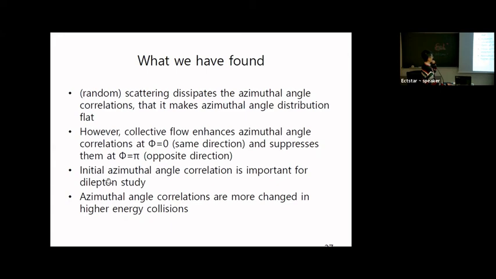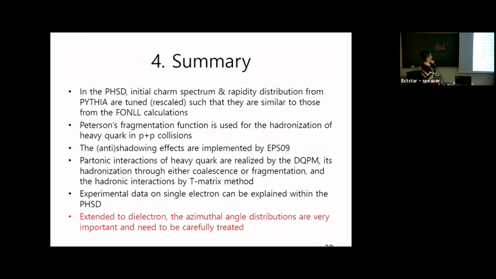The initial azimuthal angle correlations are important for dielectron study, and the azimuthal angle correlations are more changed in higher energy collisions. Let me summarize my talk.